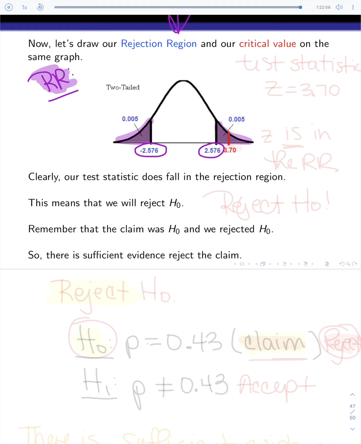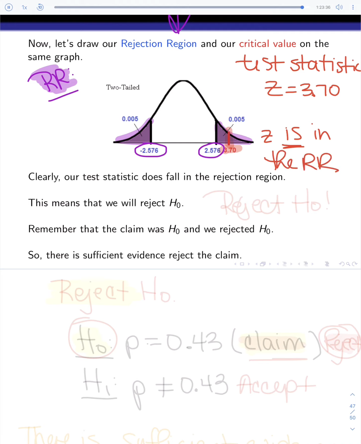Remember, our test statistic, our z-value from our calculator, if you go back, was z equals 3.70. So if we look at our picture, our test statistic would fall in this right tail down here, because it is in the shaded part, so it is in the rejection region.